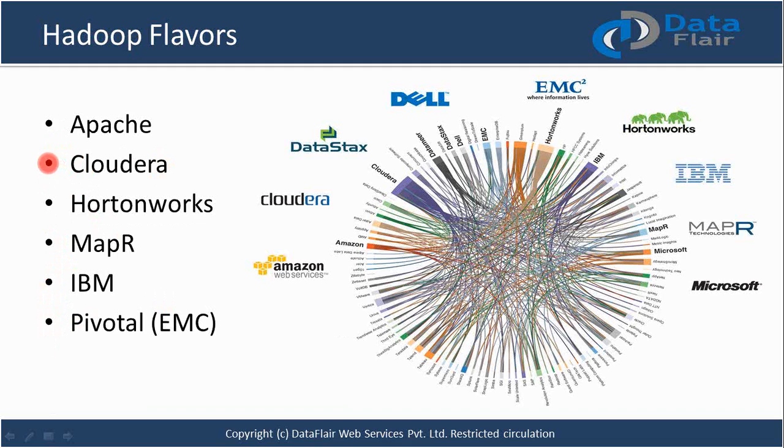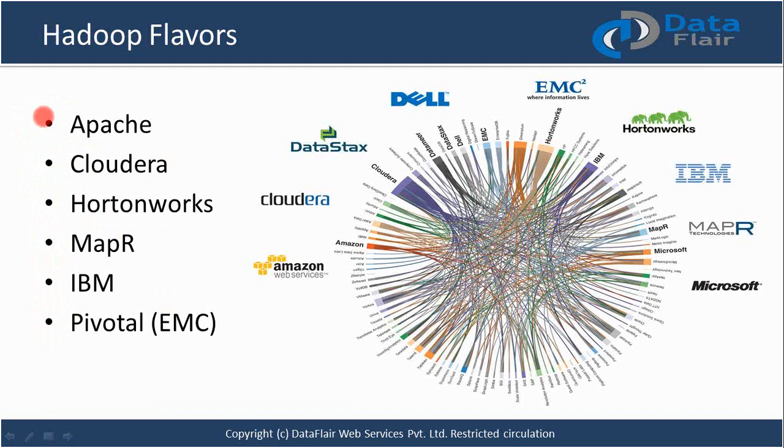By the way guys, frankly speaking, the base flavor is Apache. All the code is pretty much the same. Cloudera is also copying from Apache, applying a few patches on top of that, bundling according to its own way and selling it. Hortonworks is 100% Apache.